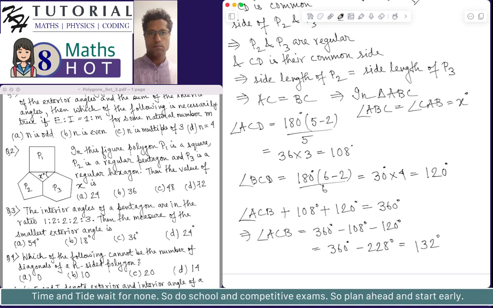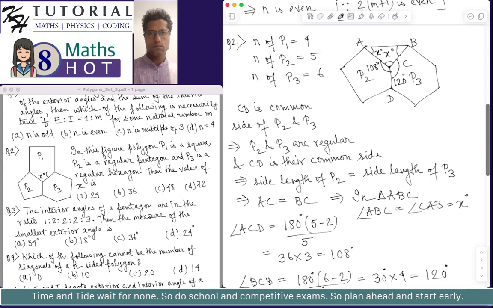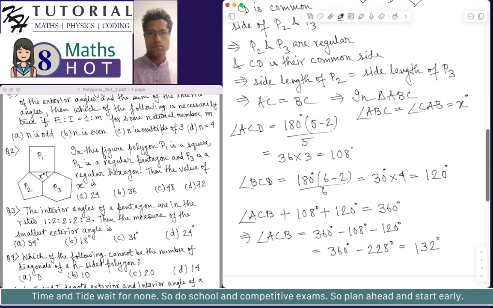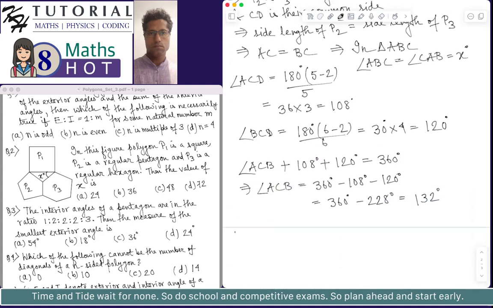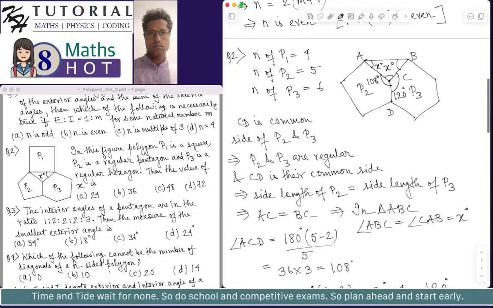Angle ACB is 132 degree. Okay. Now in triangle ABC, angle ACB plus x degree plus x degree should be equal to 180 degree. That is, the sum of three angles of the triangle ABC must be equal to 180 degree.